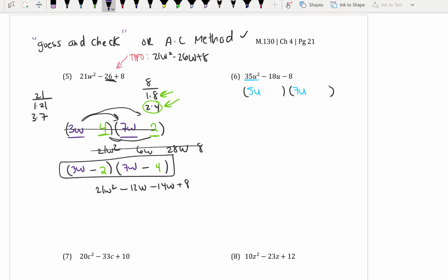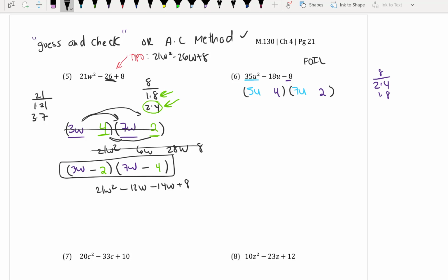And again, if I'm looking at my last, that's 8. So I'm going to look at 2 times 4. And I also have 1 times 8, but I'm going to go with 2 times 4 first. So I'm going to put my 2 here and my 4 here. So now I'm going to check to see if this can be right. So I'm going to FOIL. That is how I check it.